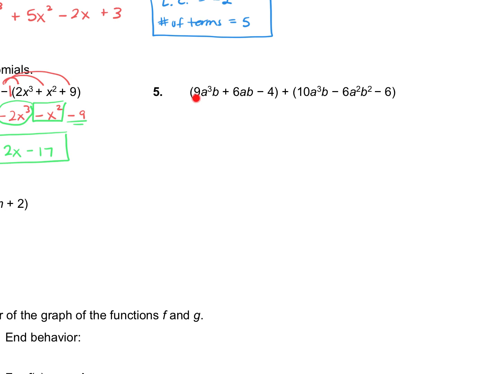So for example, we have 9 of these a cubed b's. So now I would look and say, do you have any other a cubed b's? And here's an a cubed b. So those are like terms. 9a cubed b, and because it's a positive, we're just combining these as they are. Plus 10a cubed b is 19a cubed b.